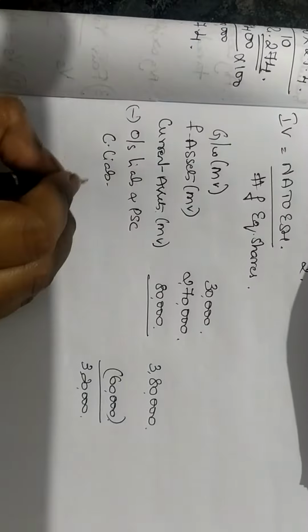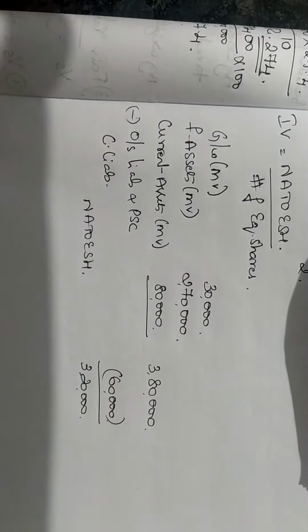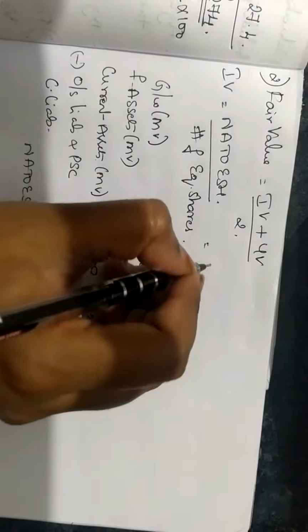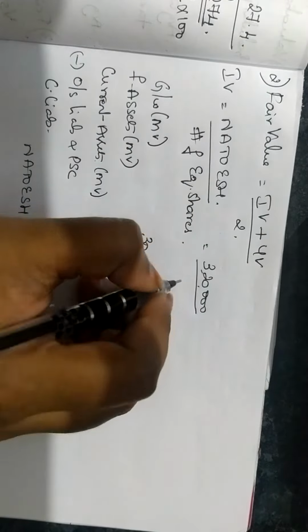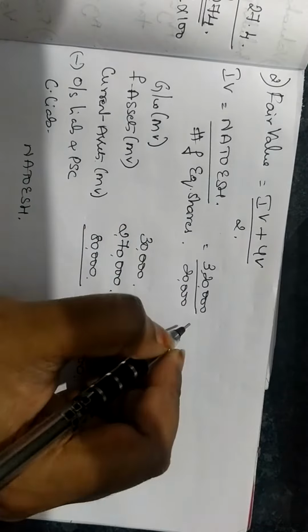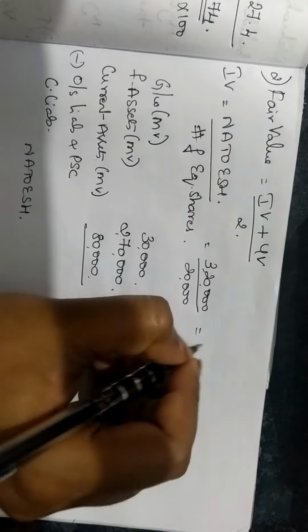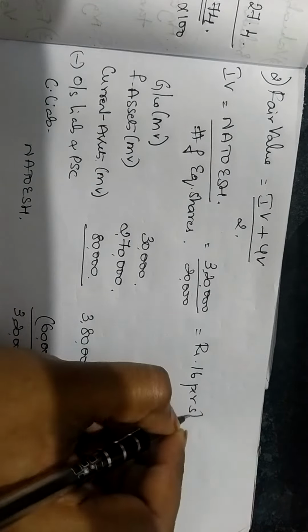This 3,20,000 is called your net assets available to equity shareholders. So in the formula, 3,20,000 divided by total number of shares, 20,000. So 3,20,000 divided by 20,000, you will get rupees 16 per share. So intrinsic value is done.